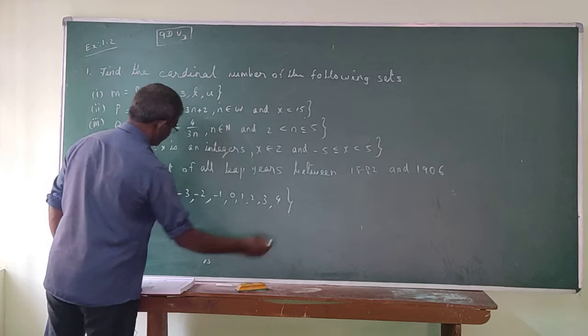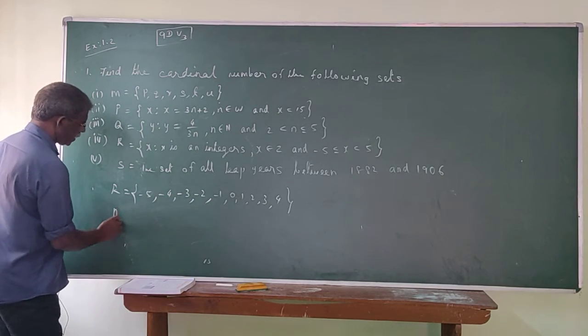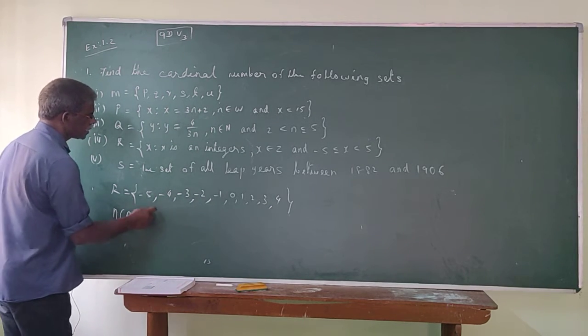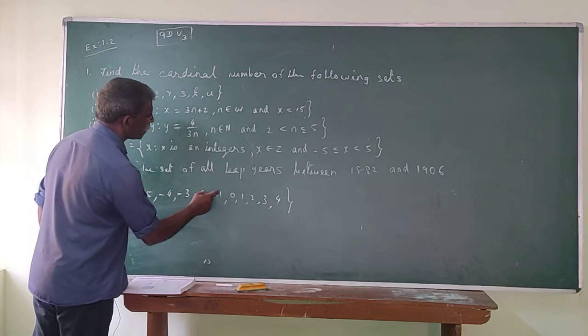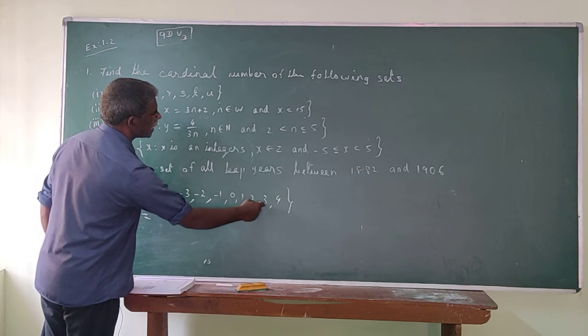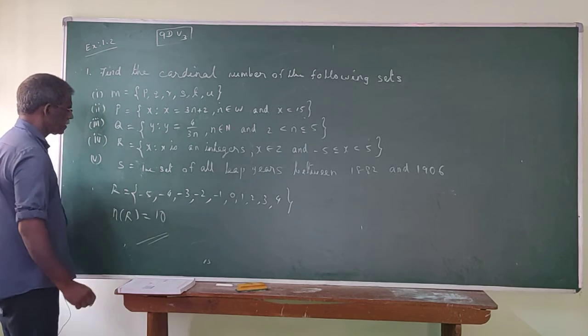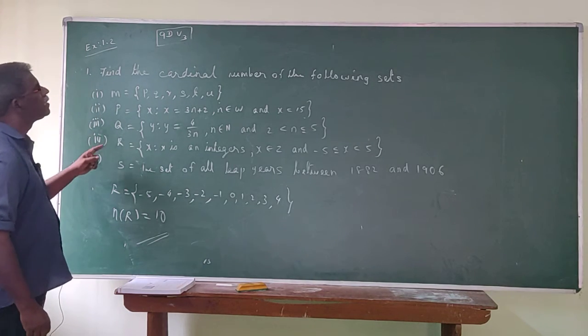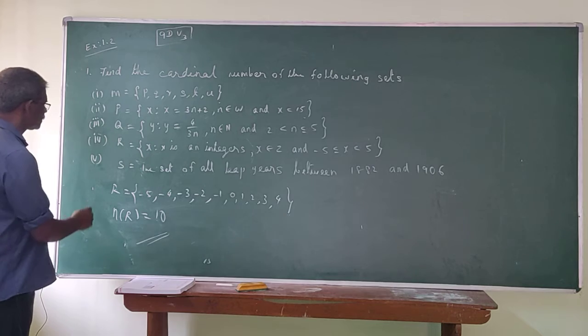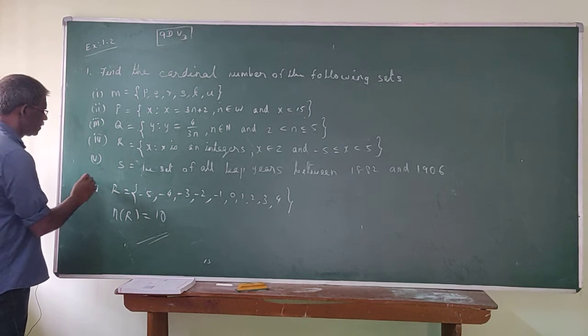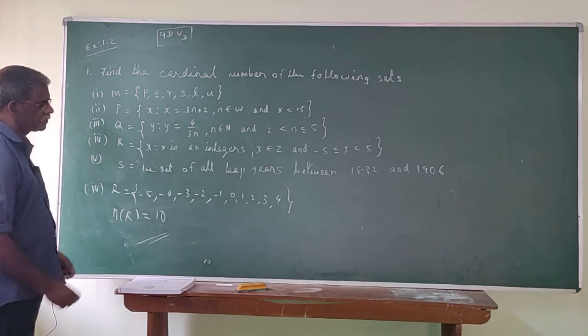Not 5. So now n of r is equal to 1, 2, 3, 4, 5, 6, 7, 8, 9, 10. This is the answer for question number 4.